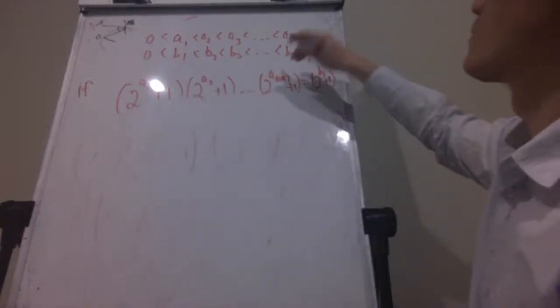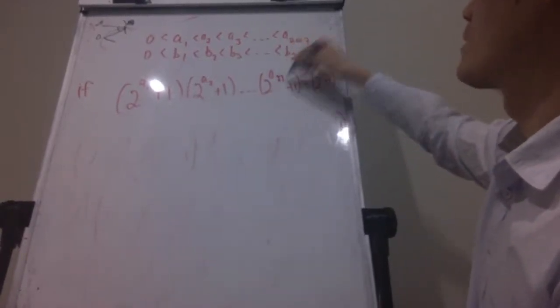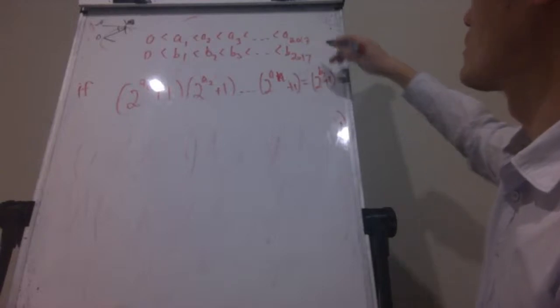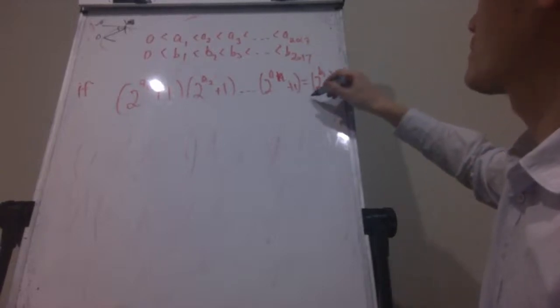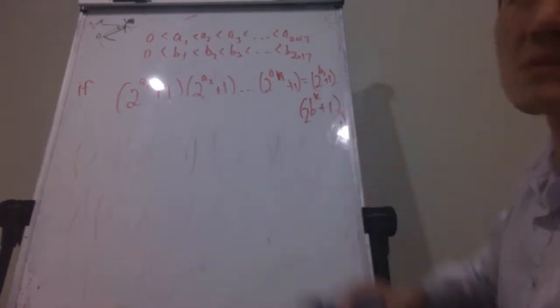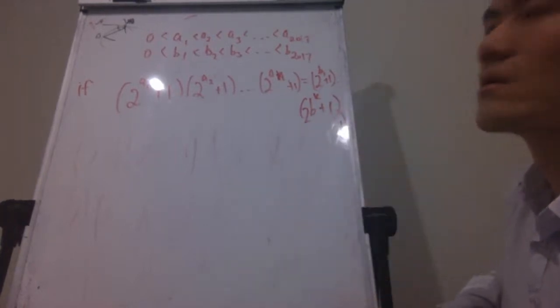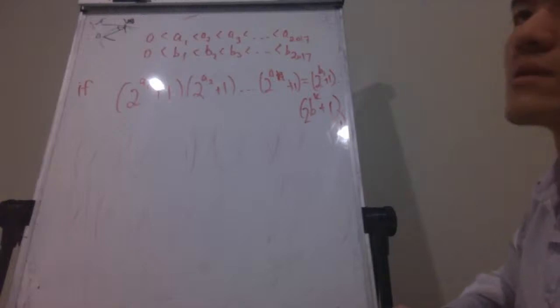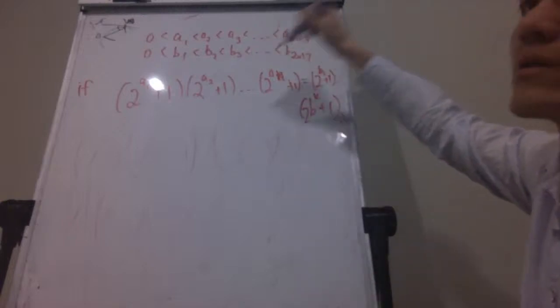So let's assume they're equal for n, whatever letter you want to use. See if you can get rid of one of them, the lowest, the a1 and the b1.